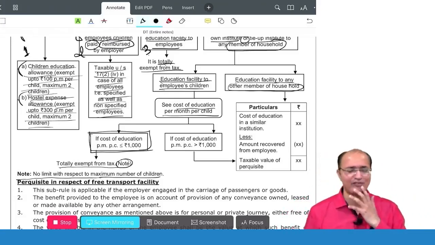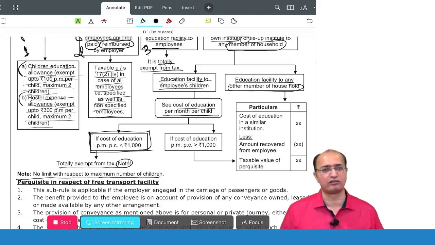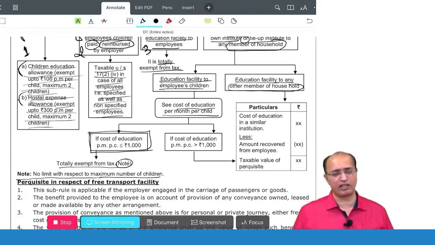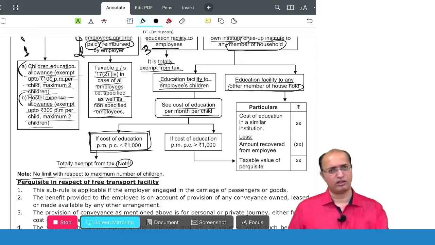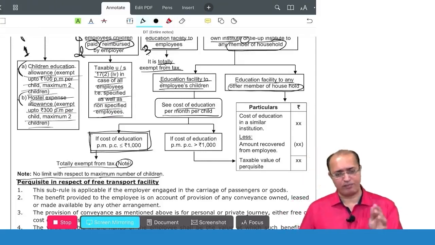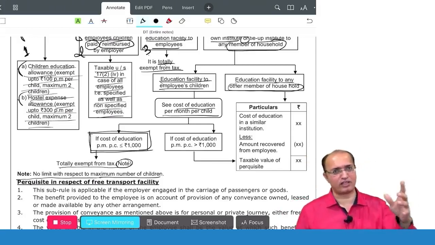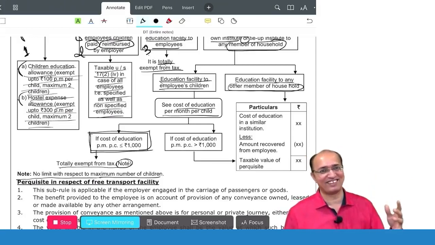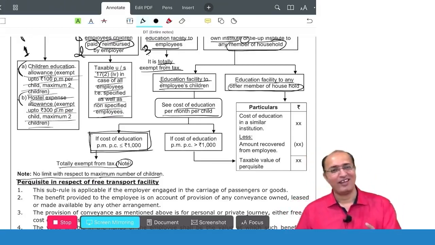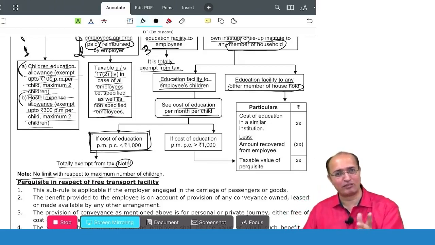Meaning thereby, say for example, Manoj is having 20 children. All these 20 children are studying in the employer's school only. In school, the employer has kept a separate division. In schools you have division A, division B, division C. So a separate division is made, division Manoj.